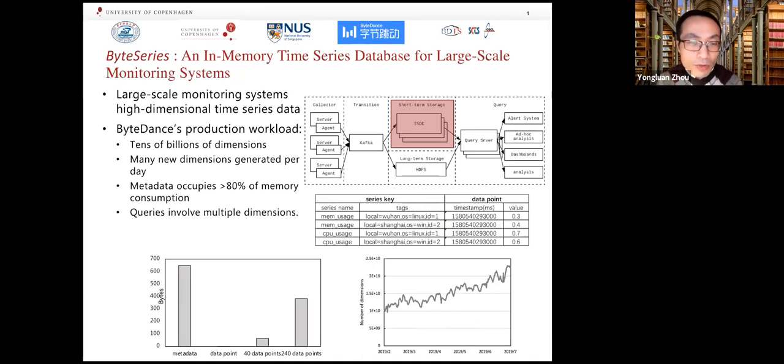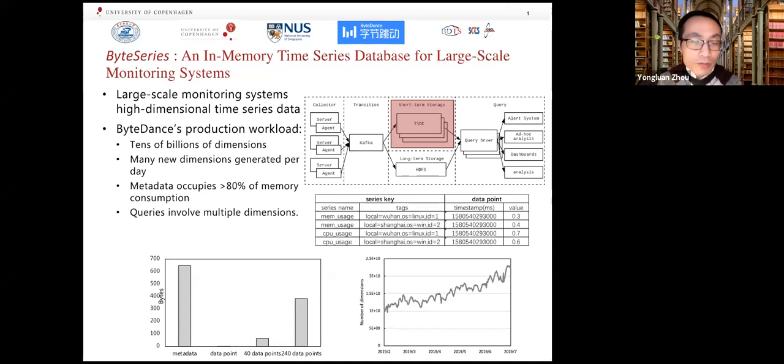And we also see that the metadata occupies a very significant part of the memory consumption. In the workload we collected, it's more than 80%, which suggests that we have to do an efficient compression of the metadata. The metadata is mainly composed of the time series key that I just mentioned.